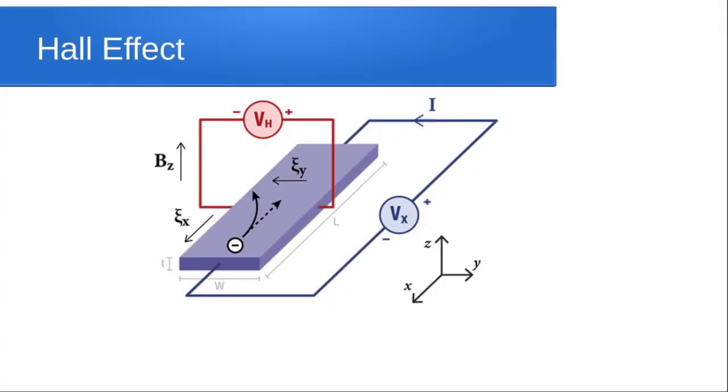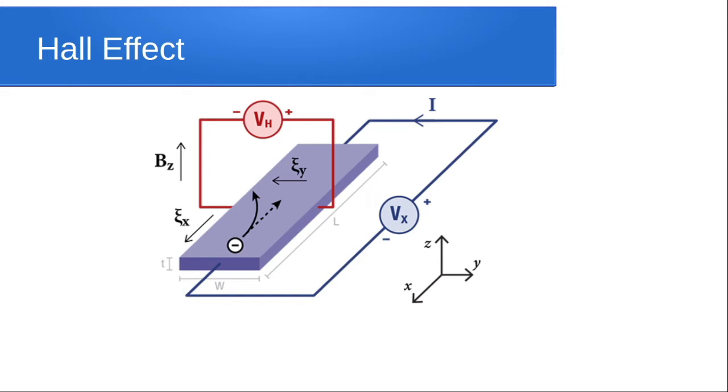In order to understand what the Hall effect is, let us consider a semiconductor wafer as shown in the figure. It is being connected to a battery Vx, so that there is an electric field in the x direction, Ex, and due to this there will be movement of carriers.